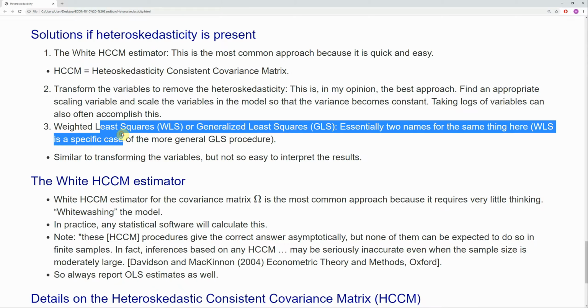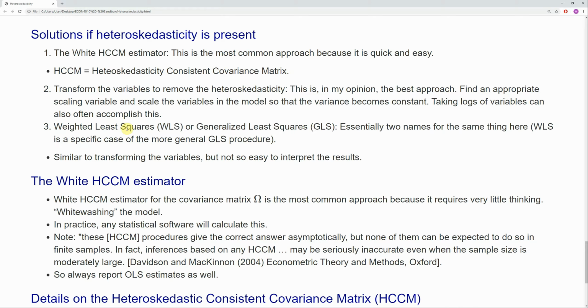So maybe for those observations that have a higher amount of error or show a higher amount of variance, you're assigning lower weights to them. It's like a counter effect for that high variance, and vice versa.